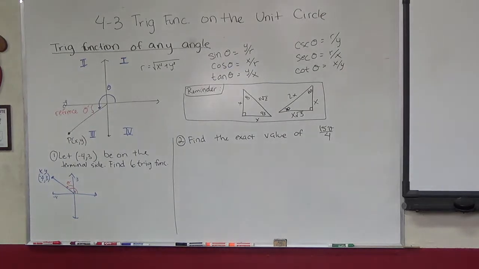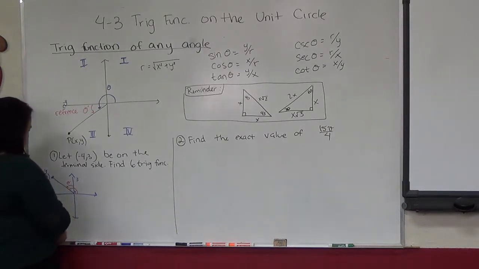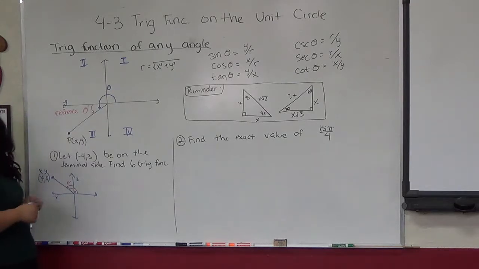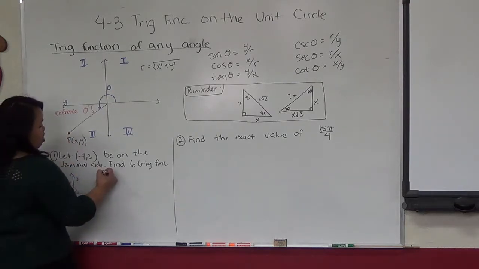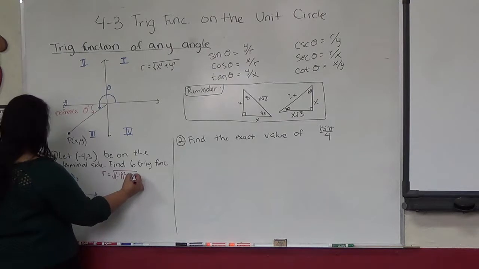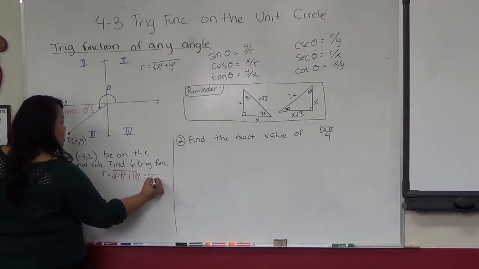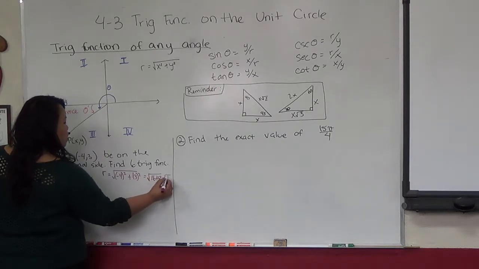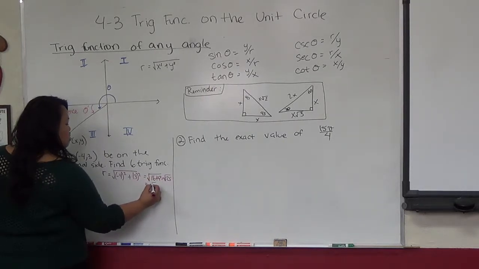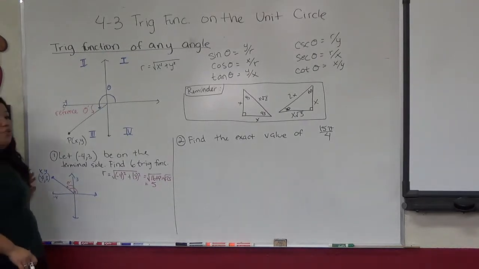So, we have that written down. So, for number 1, it tells us what the terminal side is, your x and y. So that means our r is the square root of -4 squared plus 3 squared, which is the square root of 16 plus 9, which is the square root of 25, which is 5. So the radius is 5.